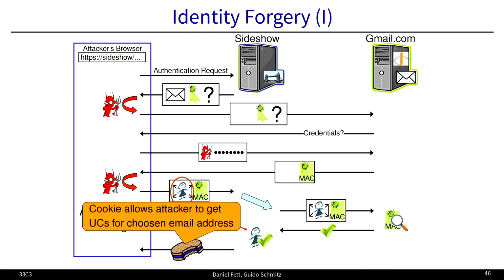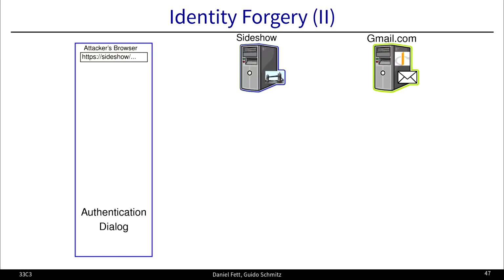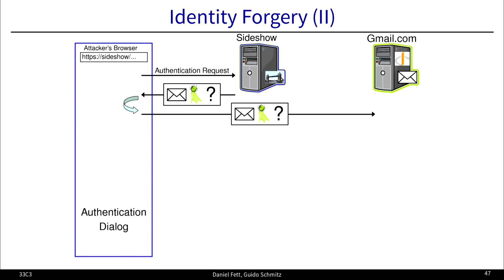And we found identity forgery number 2, which is actually remarkably similar. It works as follows. So the attacker sends the authentication request, you know this part, and Sideshow wants the signed email attribute, and the attacker now doesn't change anything. The attacker just forwards this request to Gmail.